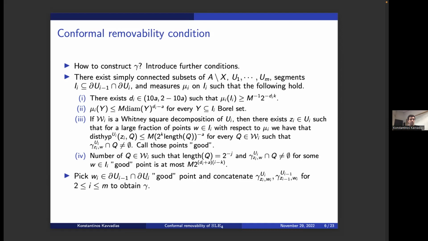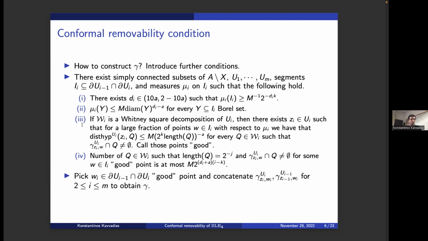So we can pick a point such that condition 3 holds for both of the domains U_{i-1} and U_i, whose boundaries intersect. Then for every such point, we consider the corresponding hyperbolic geodesics connecting the fixed interior point with the boundary point, and then we concatenate them in order to obtain the path gamma.